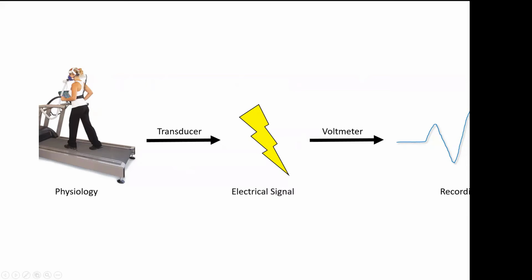We're going to be measuring, for example, the volume of air coming out here. But you can't see air on a computer. What you can see on a computer, what you can actually register, is electrical signals. So we take this measurement from the body, and in order to read that measurement, we turn it into an electrical signal, which is then attached to a voltmeter and produces a recording on a computer screen.